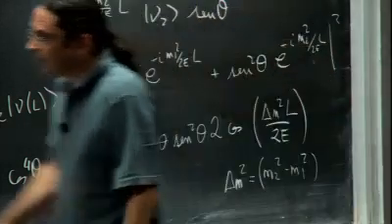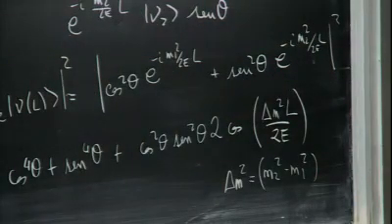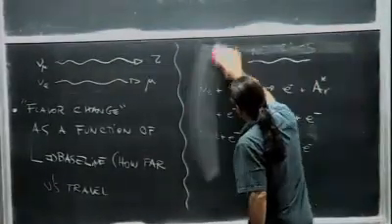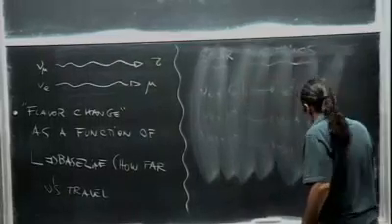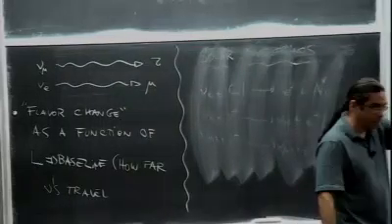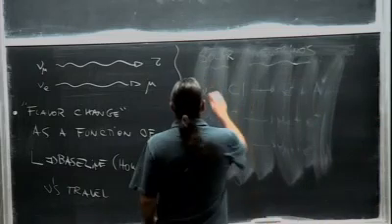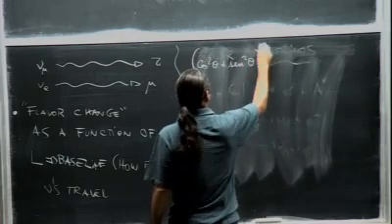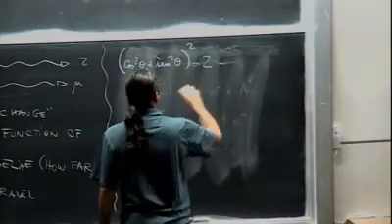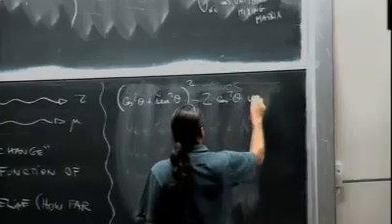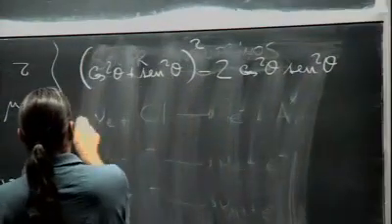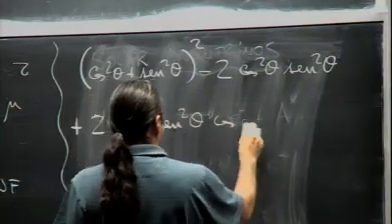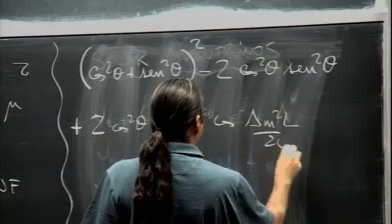So let me move over here. So we can simplify that. So we have cosine to the 4th plus sine to the 4th. I can write that as cosine squared plus sine squared, squared. And then I have to subtract out cosine squared theta, sine squared theta, the cross term. And then I have plus 2 cosine squared theta, sine squared theta, cosine of delta m squared L over 2E.